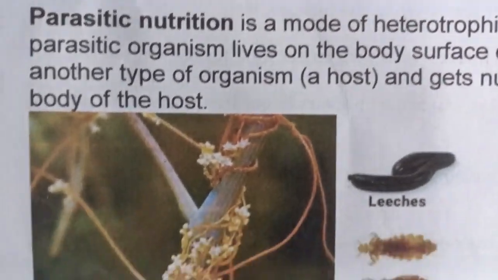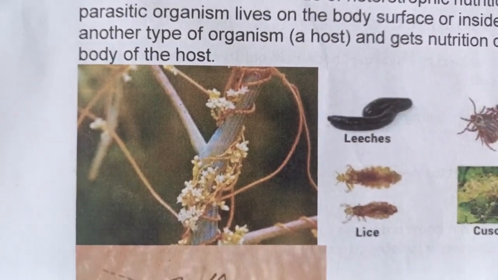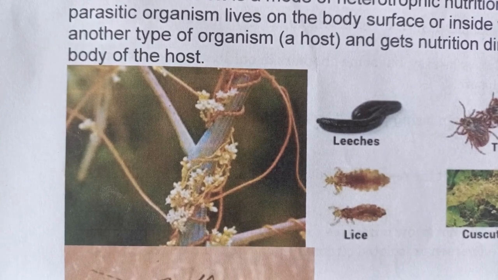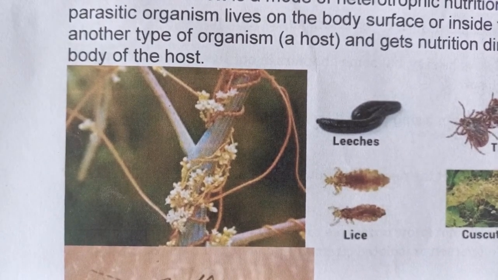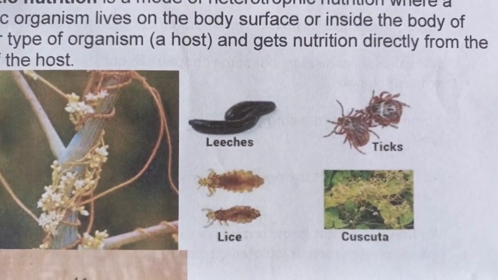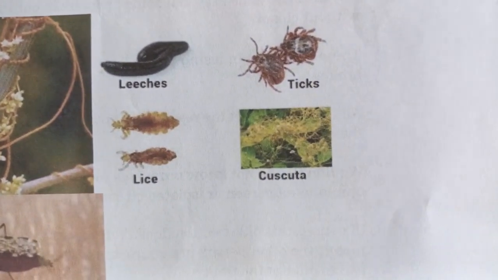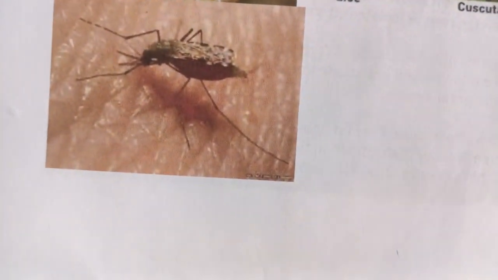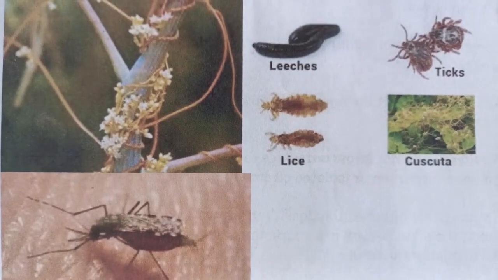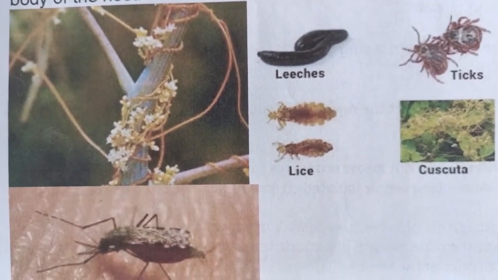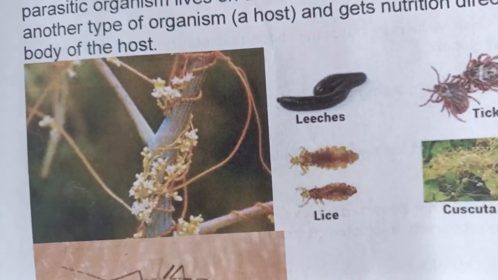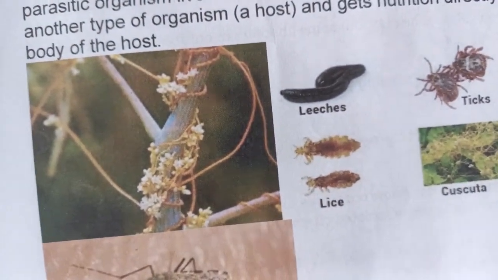Various examples for this are cuscuta, in our Hindi and Marathi languages it's called amarbel, ticks, lice, leeches, tapeworms, mosquitoes. These are the parasitic ones. They don't kill the organism, but they get the food either from the external or inner surface of the organism directly.